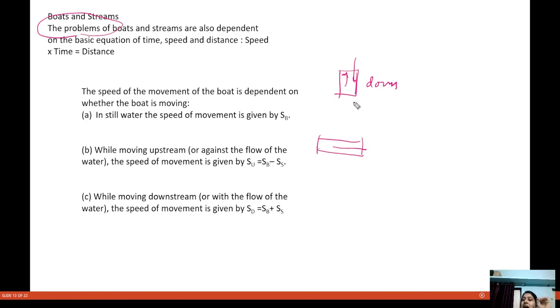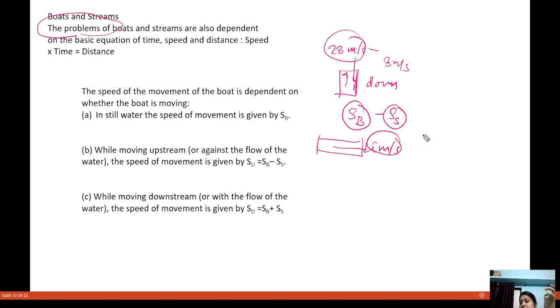It will create an obstacle for the boat. So whenever the boat is moving upstream, you will subtract the speed of the stream from the speed of the boat. If your stream is flowing, let's say, at 3 meter per second, and your boat is going at 28 meter per second, your net speed by which the boat will move forward will be 25 meter per second.